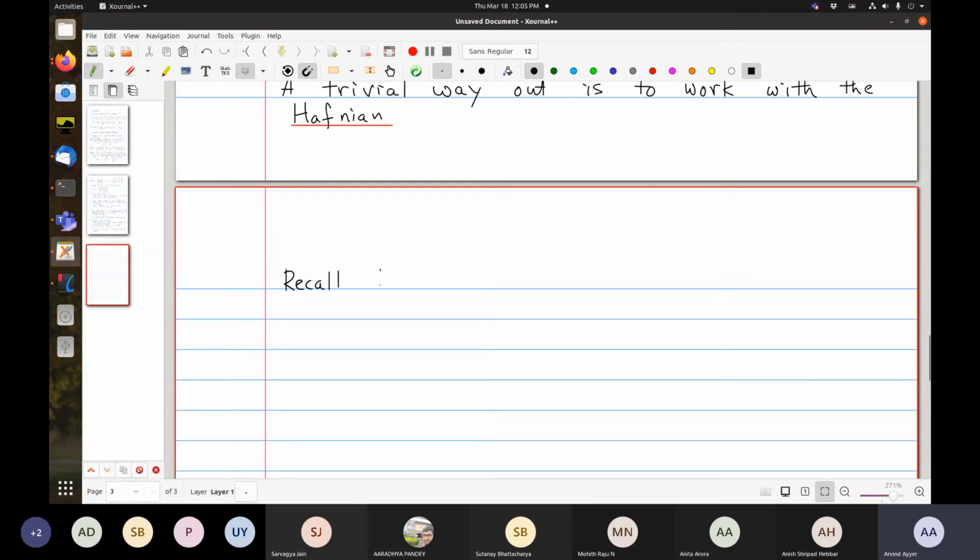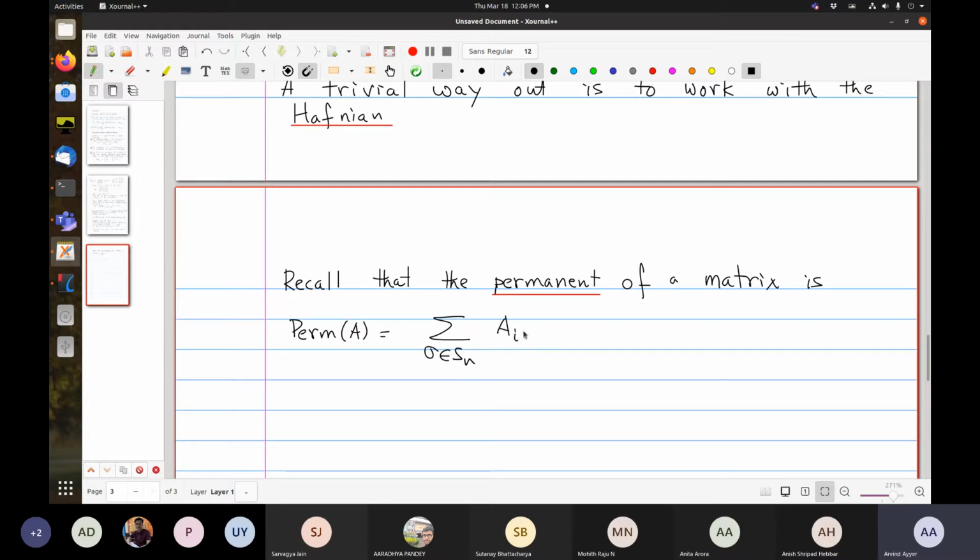We call the permanent of a matrix, I'm not going to need this, I'm just telling you this for completeness, recall. The perm of A is the sum over permutations of A_{1,sigma(1)} etc. A_{n,sigma(n)}. So it's basically the determinant without the sign business.